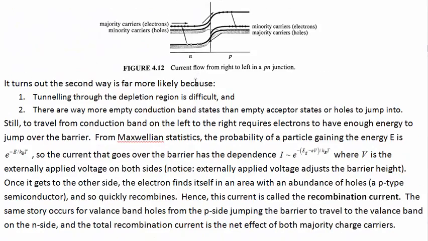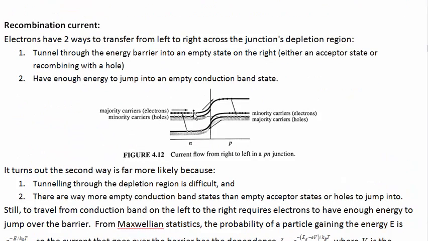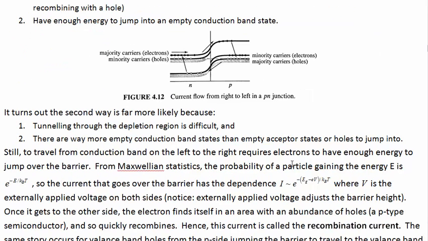Now, the likelihood of an electron having enough energy for it to move from left to right in this majority carrier transport is based on the temperature. So we can use some Maxwellian statistics. You may remember this from a statistical mechanics course.